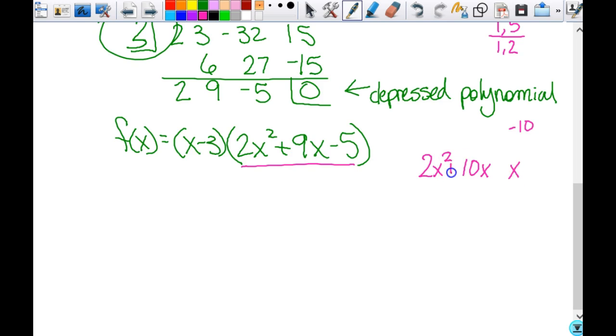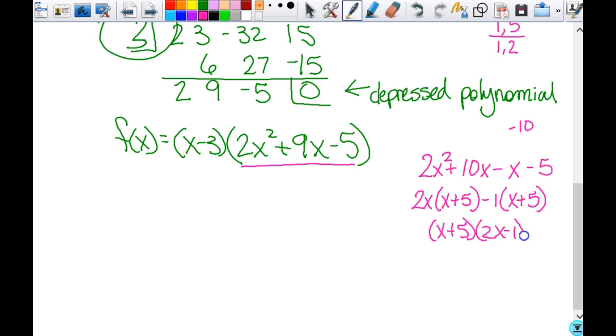The 10x, right, and then -5. Okay. I would suggest factoring by grouping, but if you have a different way, that's fine too. This gives me 2x times x plus 5. Factor out my -1, and I get x plus 5, which means this becomes x plus 5 times 2x minus 1. And then I can put that back in here.